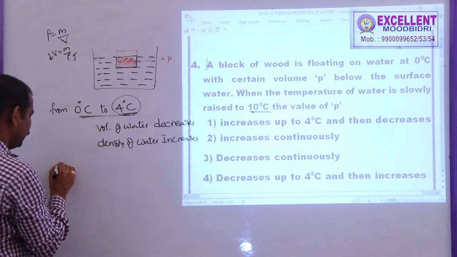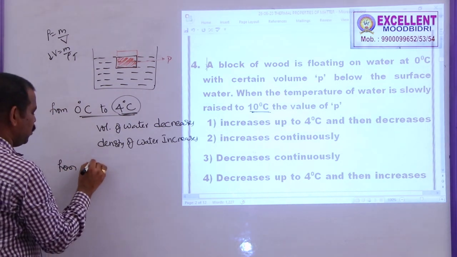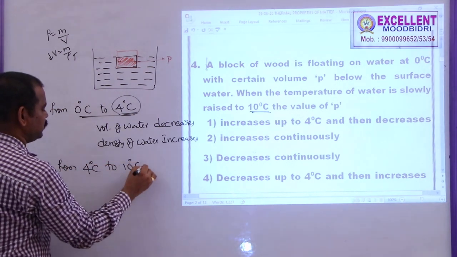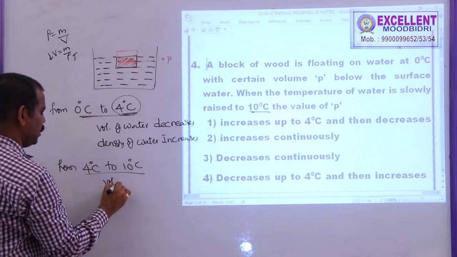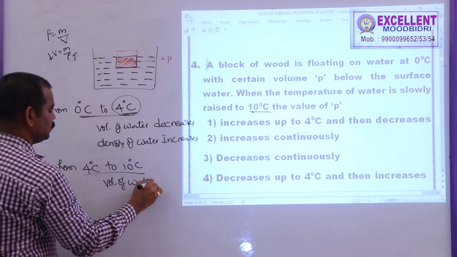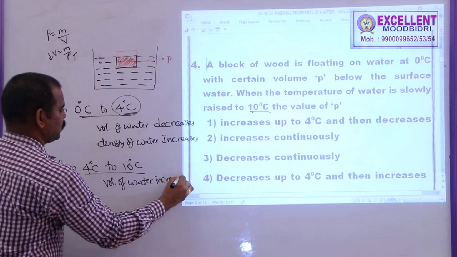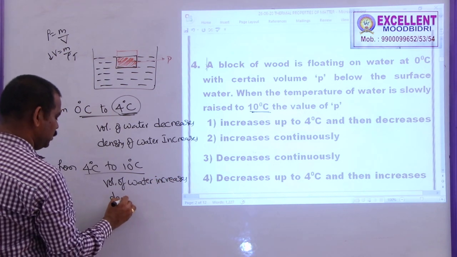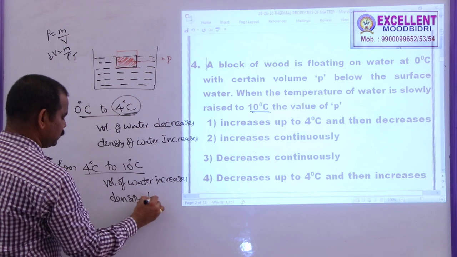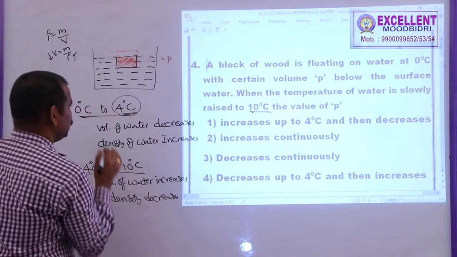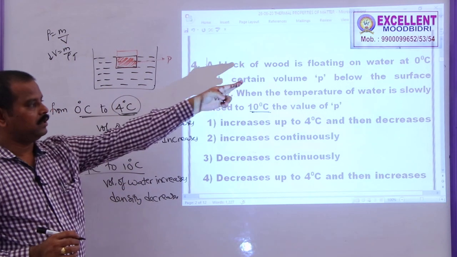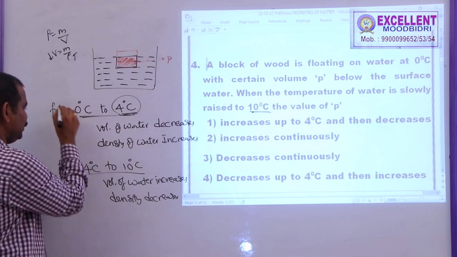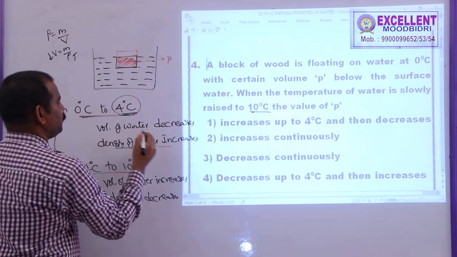Now, from 4 degrees centigrade to 10 degrees centigrade, the volume of water increases. As a result, density decreases. So from 0 to 4 degrees, the density of water increases.